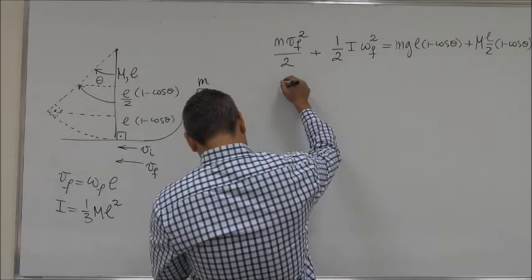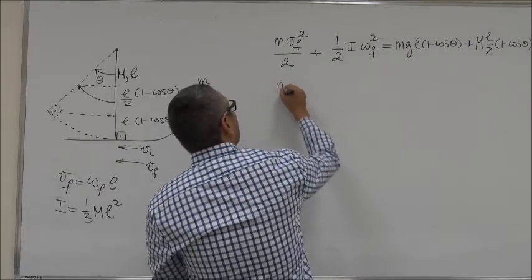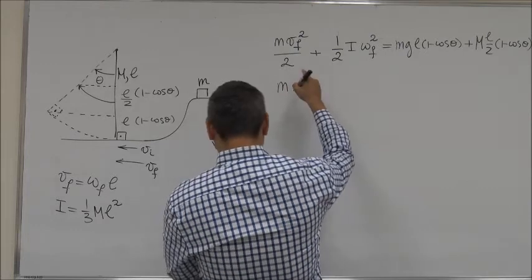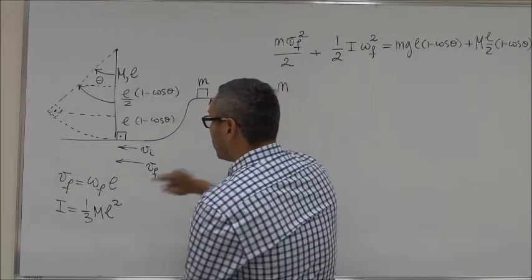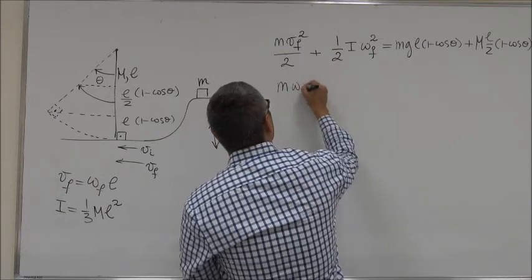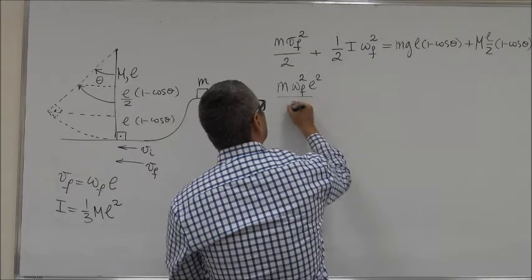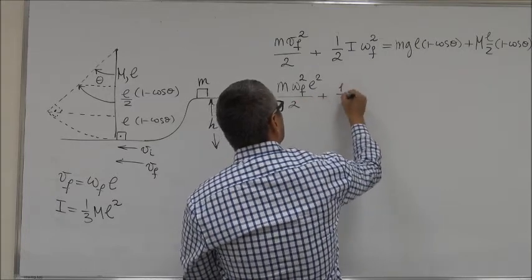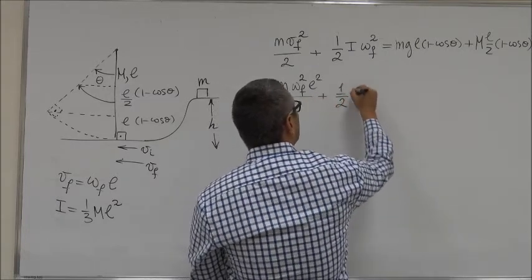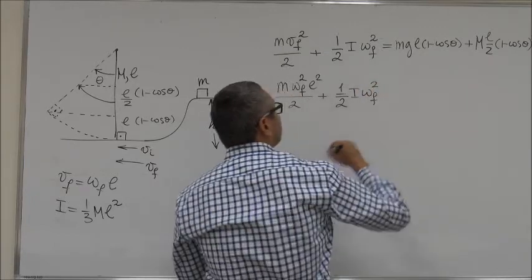So you have m, and instead of v final, I'm going to use omega final. So omega final squared, L squared over 2 plus 1 over 2 I omega final squared.